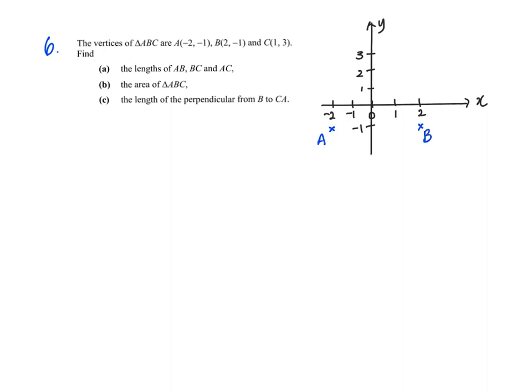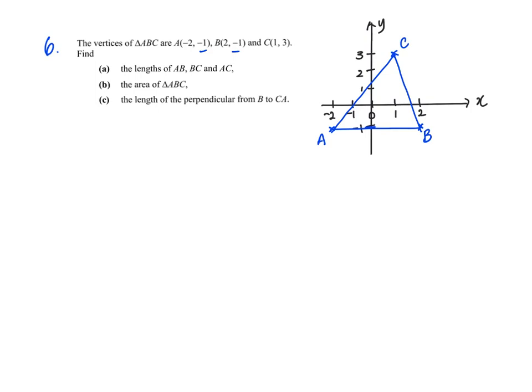The y values are the same, so we actually have a horizontal line over here, right? And then C is the point 1, 3. So when x is 1, y is 3. So this is the point C. So we have our triangle ABC looking something like this.